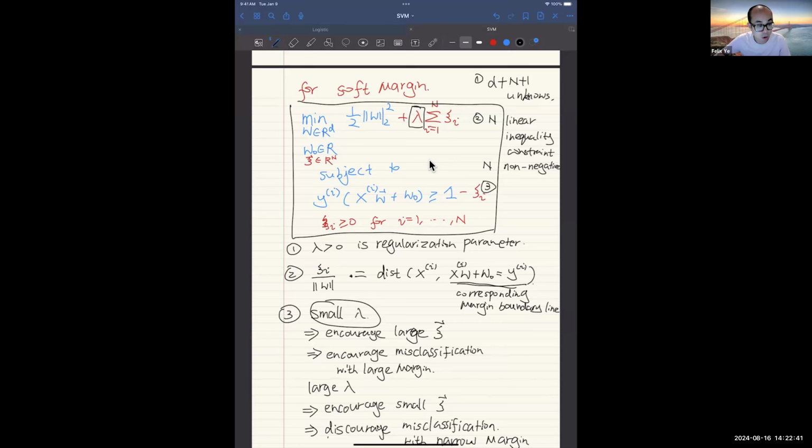Then this whole problem is a convex quadratic program.